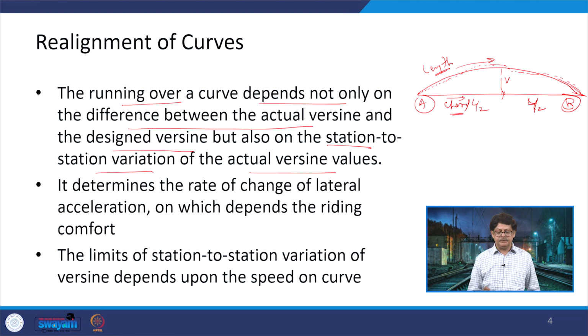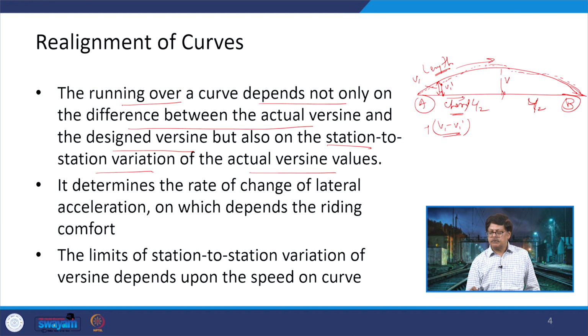Now, when this is happening, we are talking not only about this particular difference, that this value should have been V1, but what is exactly available is V1 dash. So, V1 minus V1 dash is the difference which is coming, which in this case is positive.